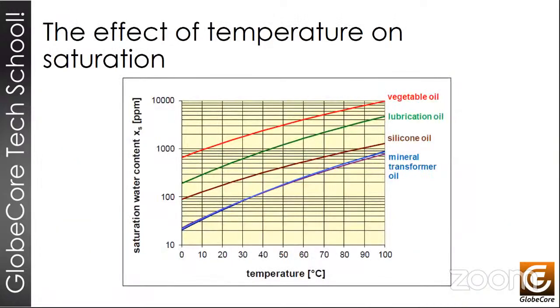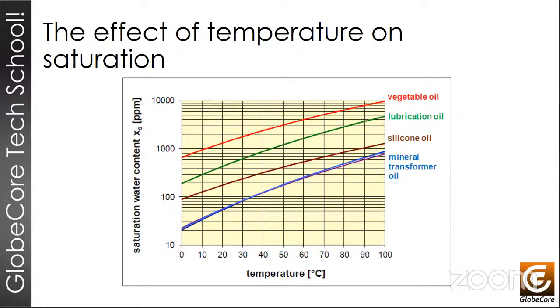So as we mentioned earlier, temperature is a parameter that seriously affects the saturation of oil with moisture. In this graph, you can see the effects that temperature has on 4 different types of oil.